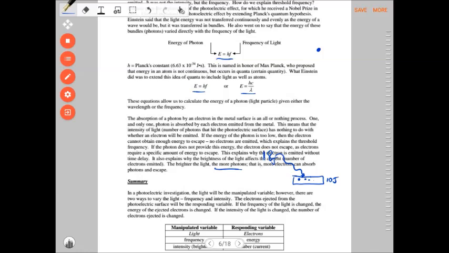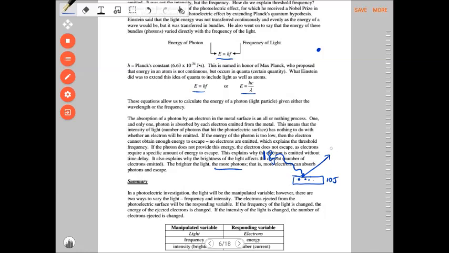However, if the photon coming in has 18 joules of energy, it only takes 10 to kick off the electron. So the photon gets absorbed by the electron, we have enough to kick it off, so it does get kicked off.